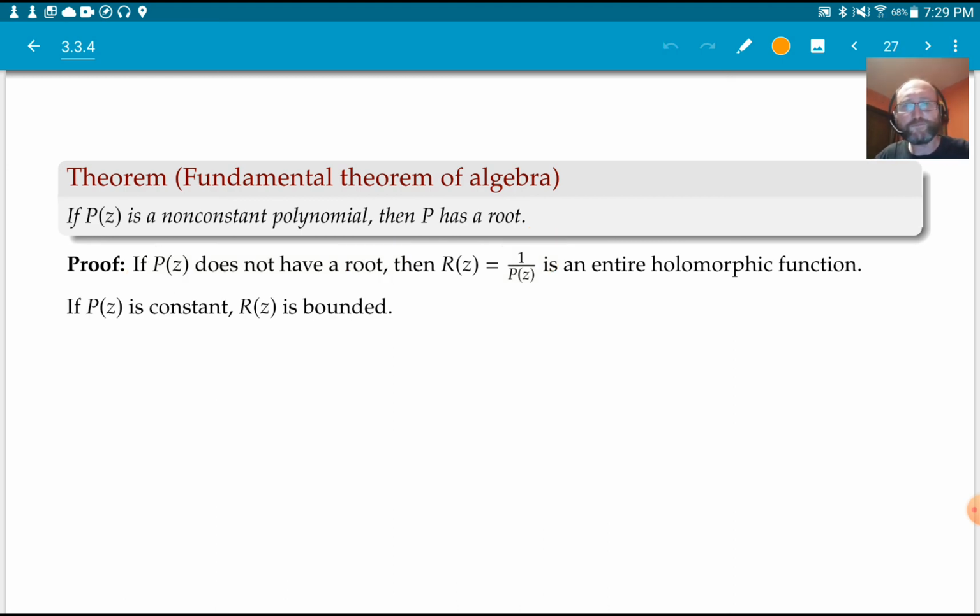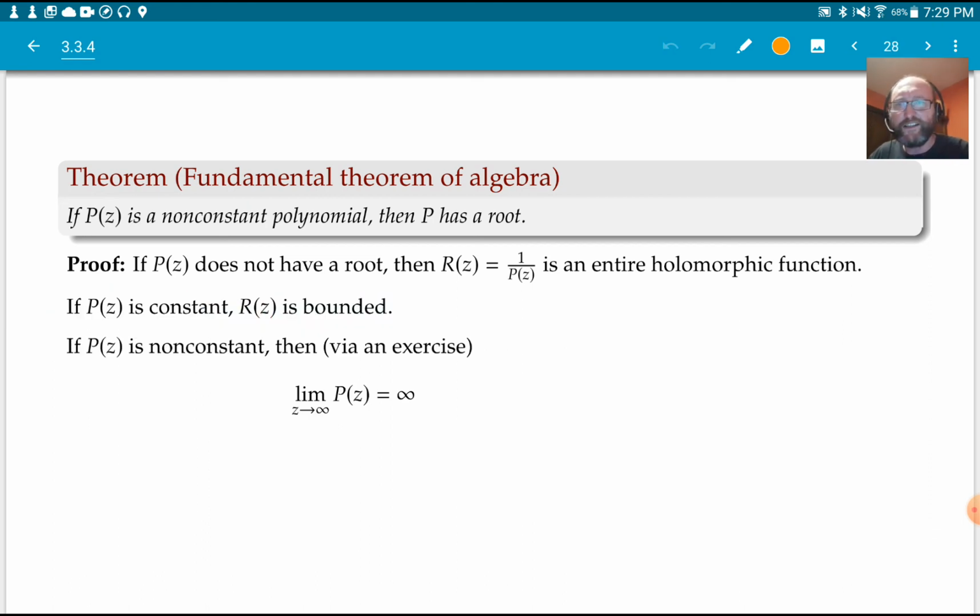Now, first, if P is constant, then 1 over P is bounded. If P is non-constant, then you guys have proved before that the limit of P is infinity, and therefore the limit of 1 over P is 0. So 1 over P is bounded.